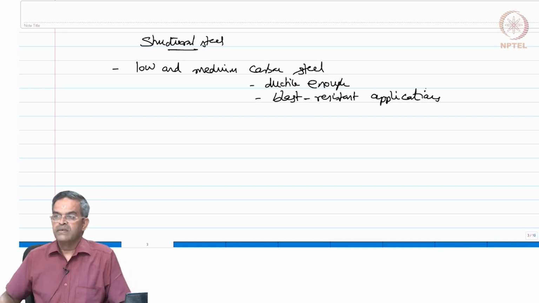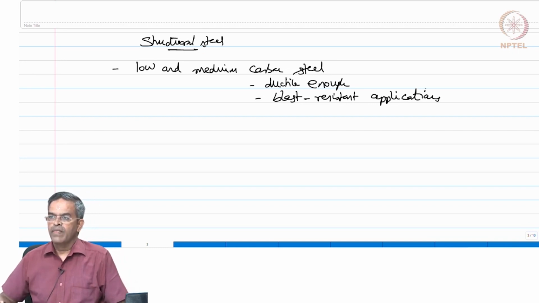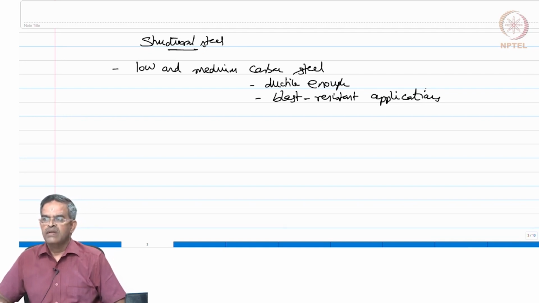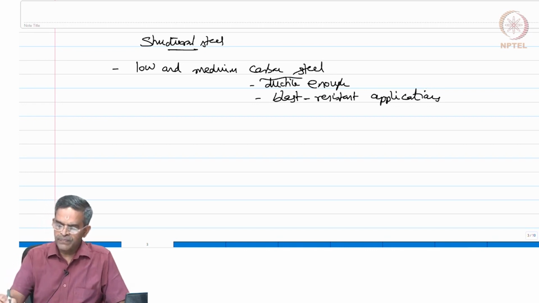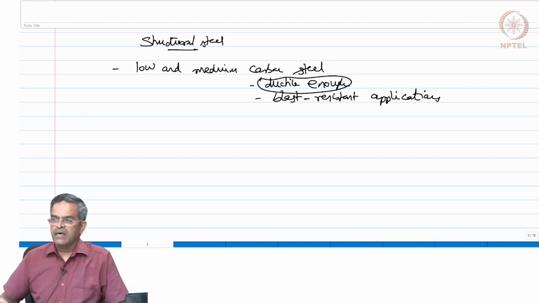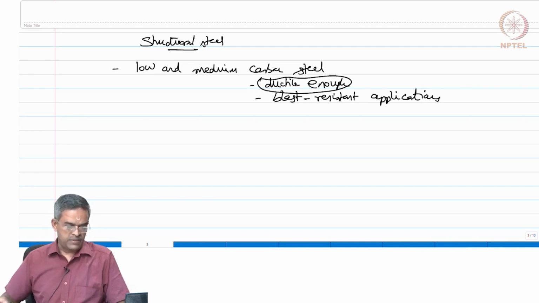Because, as I said, the structural form will start yielding on successive cross sections, which will lead to elastoplastic behavior of the material, and therefore, we need to look for a material which has good ductility under blast loading of the structure.